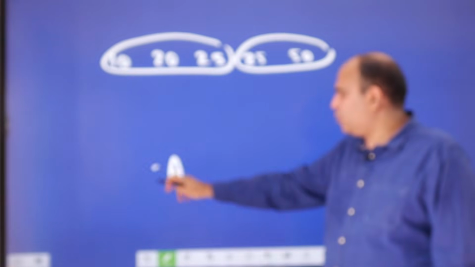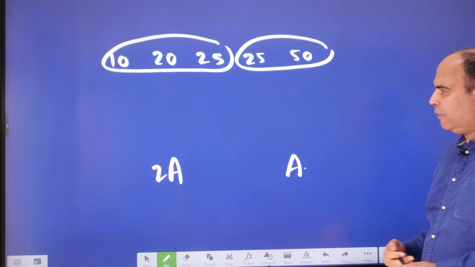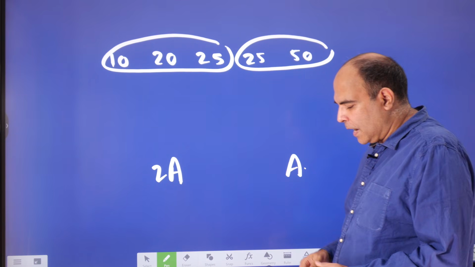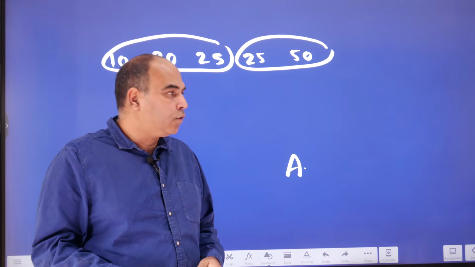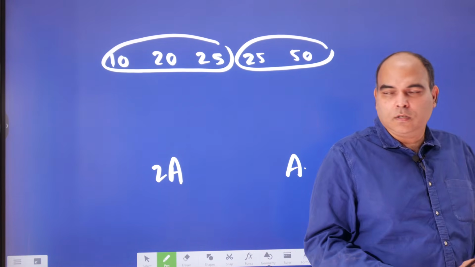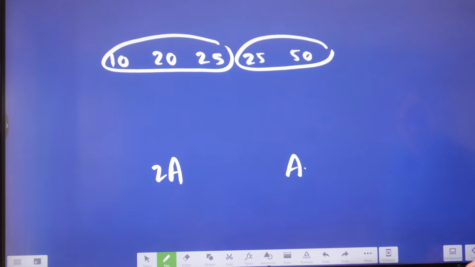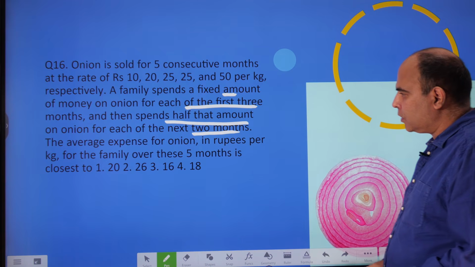So let's say it's spending 2A here, it is spending A here. So I want a situation where this spending should be such that my average price of onion in every month comes out to be kind of organized, or kind of non-decimals.